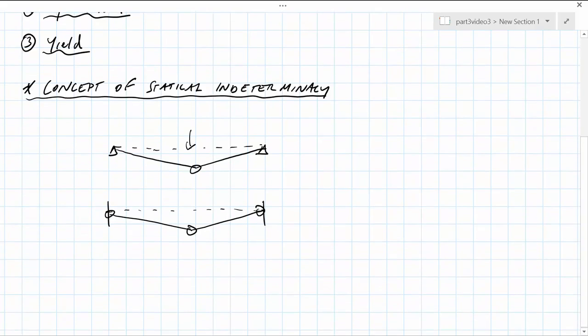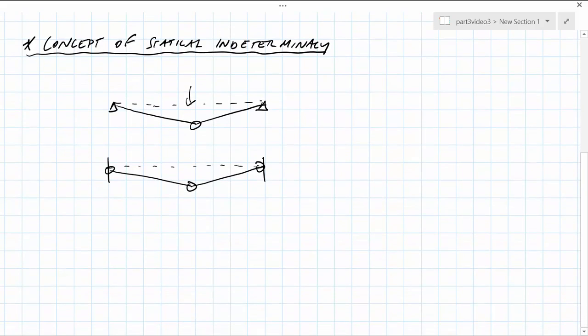The degree of statical indeterminacy can be formally determined by using the following formula.